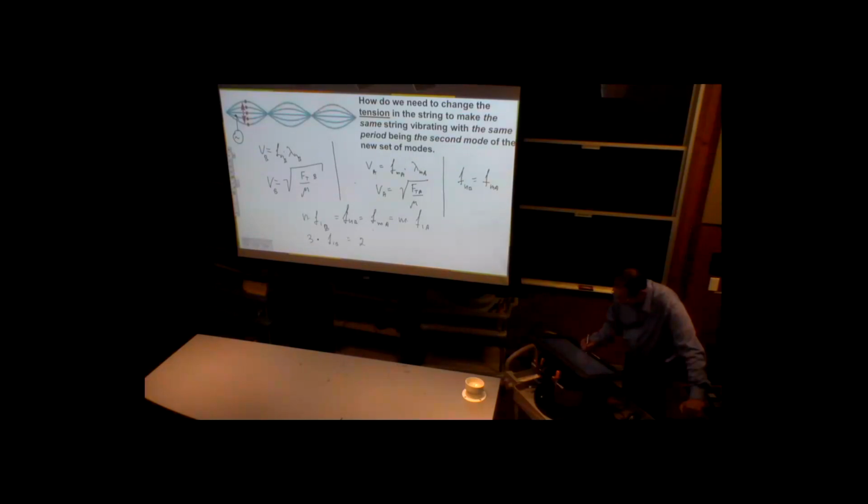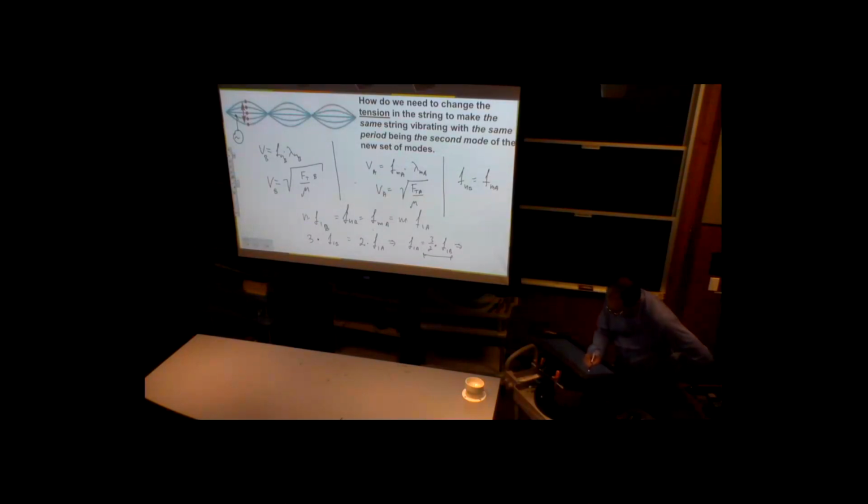And that's supposed to be 2 times the new fundamental. So we can calculate the new fundamental. That's supposed to be a known number. And so that gives our new period.